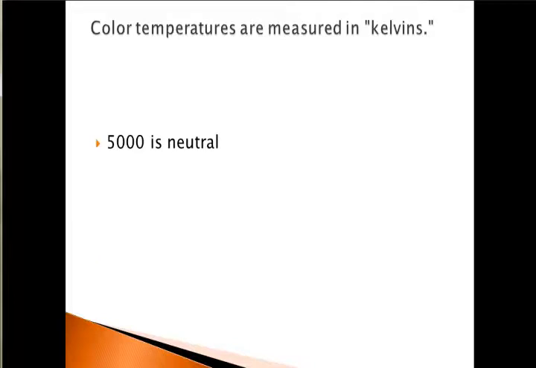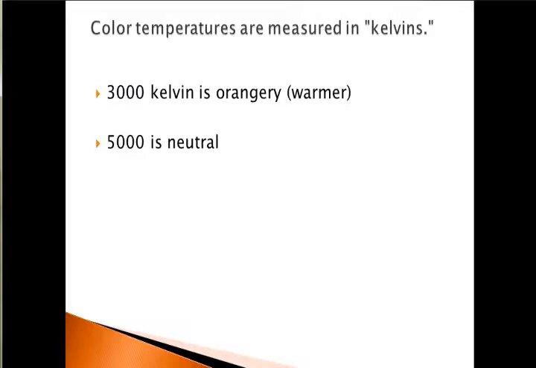A kelvin of 500, or not 500, 5,000. 5,000 kelvins is neutral. It's where you would have no color casts of blue or yellow or extremes. This is a very baseline.